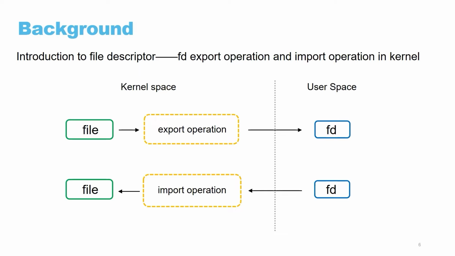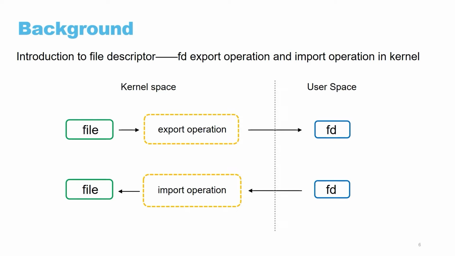Kernel needs to handle the translation between file object and FD frequently. On the one hand, kernel needs to export a file object as an FD to user process, so the user process can operate the FD for read or write. The translation from file object to FD is finished through the FD export operation.